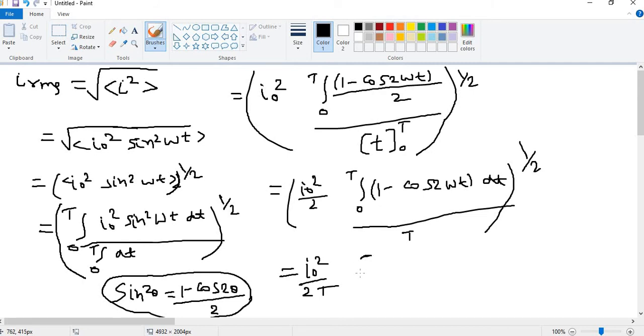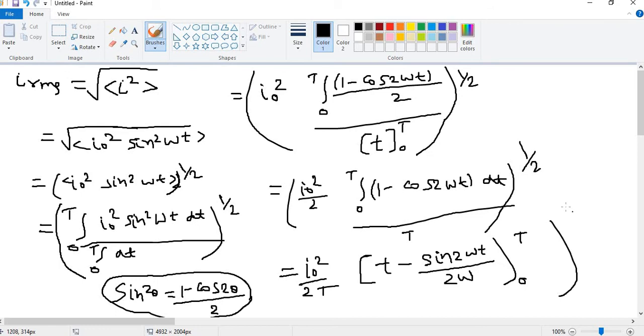What is the integration of 1 with respect to dt? It is nothing but t. And what is the integration of cos 2 omega t? It is sine 2 omega t by 2 omega. So the integration of cos 2 omega t is sine 2 omega t by 2 omega, with limits from 0 to T, and the whole is to the power of 1 by 2.